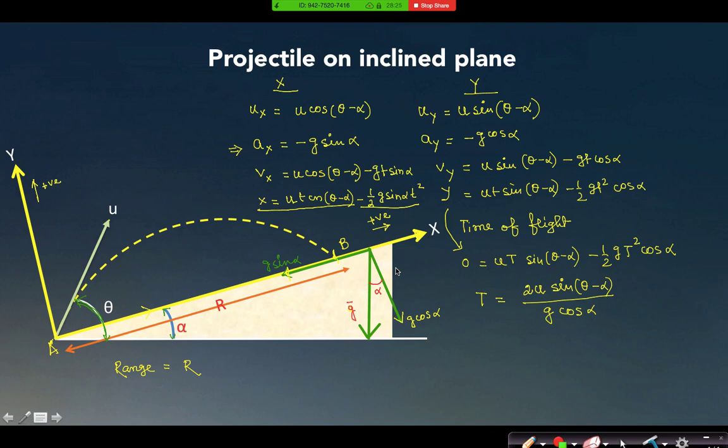So in order to find the range, I will put this time capital T in the expression of x. Try to put the value of capital T in this expression and tell me what expression of range you are getting.